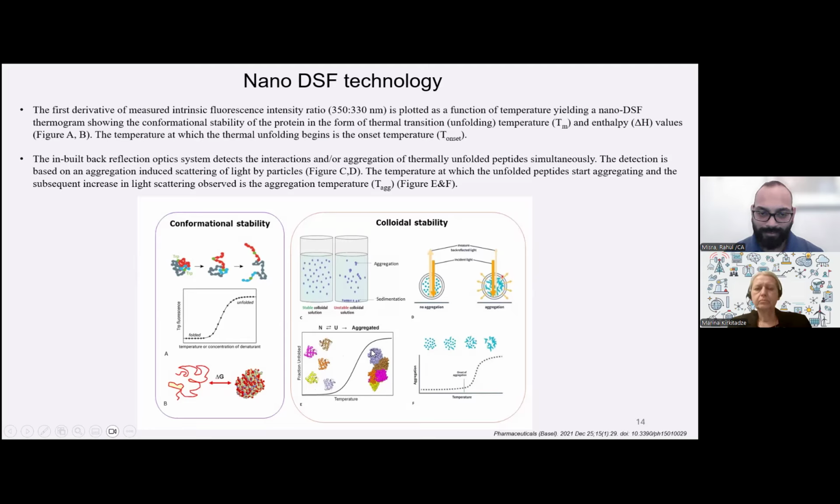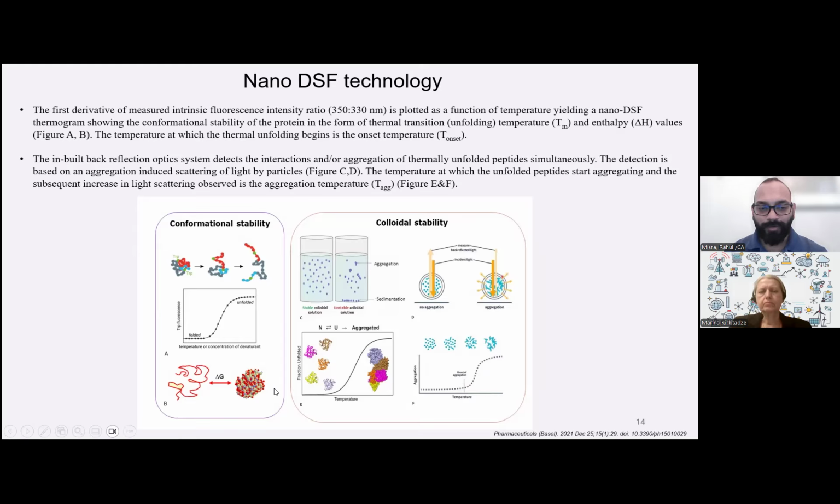But as the temperature increases, they all aggregate, so there will be more scattering of the light. This figure explains it better. These are all non-aggregated; with an increase in temperature they start aggregating, and as they aggregate, you can see the increase in the scattered light, which you can also represent as aggregation.